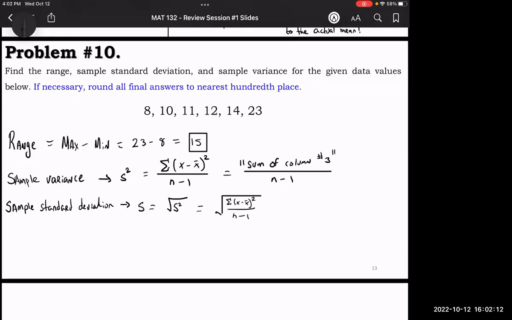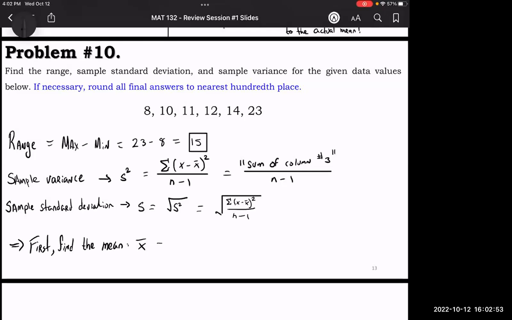When we're doing this by hand, just keep in mind, we need to create a table. Your table consists of 3 columns. In one of your columns, just like the formula mentioned, you have to take the difference between each data value from the mean. So first, in order to do both sample variance and sample standard deviation, first find the mean. Your mean is X bar.